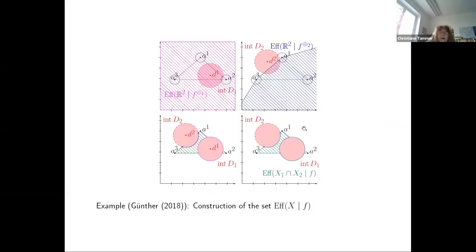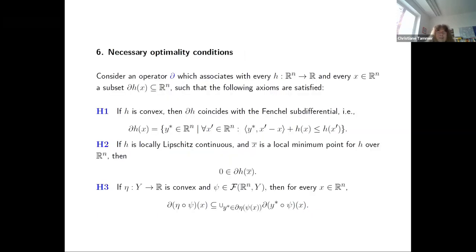In this figure, you can see the procedure. We have to compute these sets of efficient elements, and then we have to generate the corresponding intersections. In green color, you can see the whole solution set of this location problem with forbidden regions that we can solve using our methods.